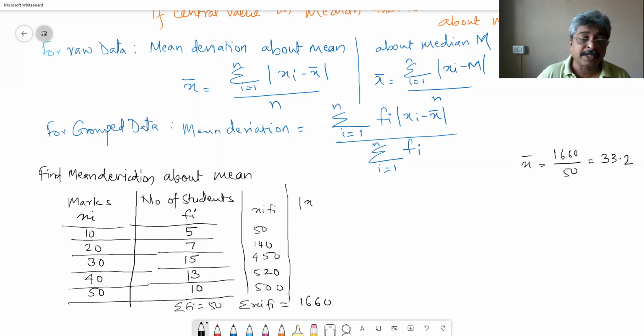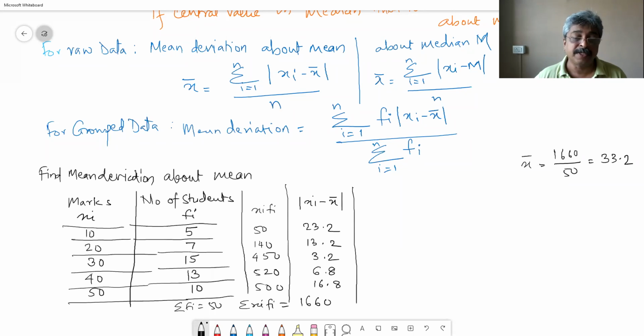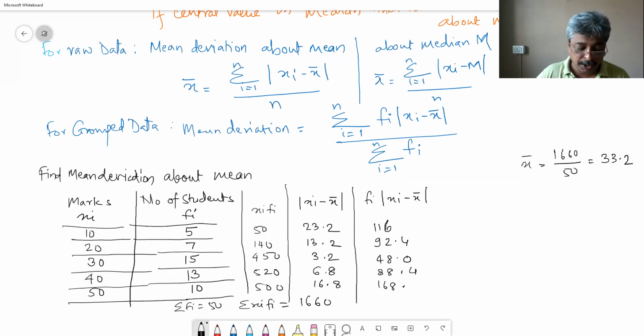Therefore, the absolute values of xi minus x bar: the first one is 23.2, the second is 13.2, then 3.2, 6.8, 16.8. Multiply them with the frequency. So fi into the absolute value of xi minus x bar is 116, 92.4, 48.0, 88.4, 168.0.